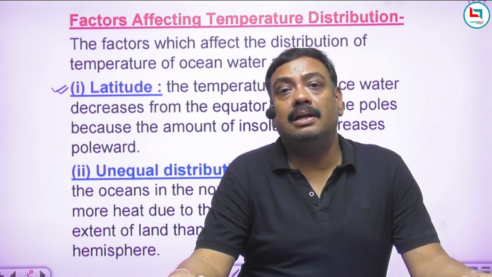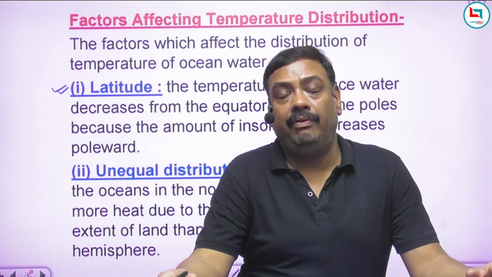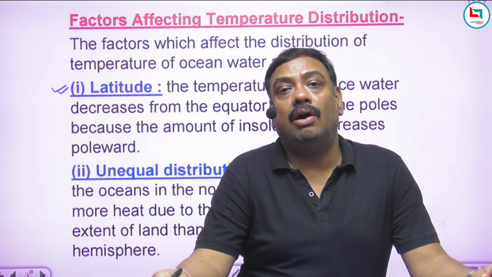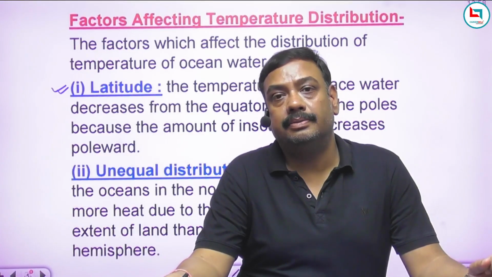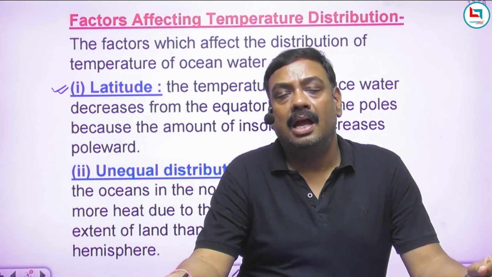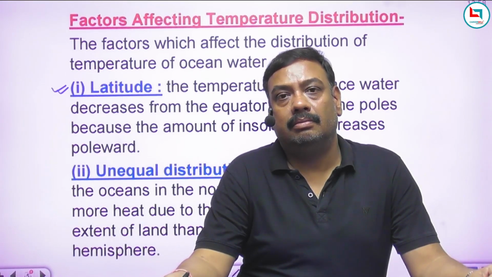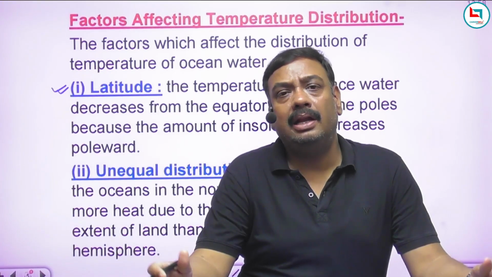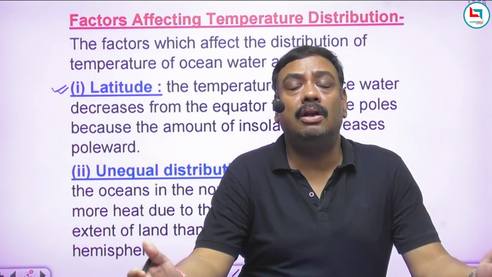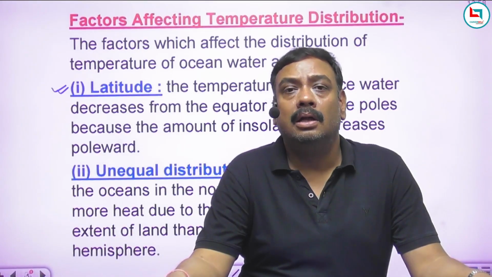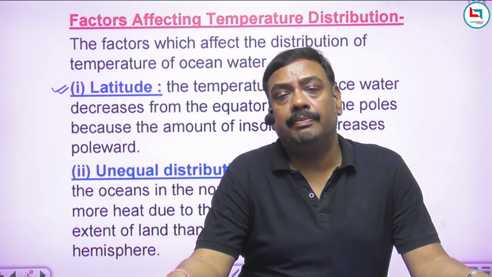There you can find the larger land area of Asia and Europe and a larger land area of the North American continent. And only some part of ocean is found there. Particularly, the Indian Ocean is not there in the northern hemisphere. Only a little part of the Indian Ocean can be found in the northern hemisphere.